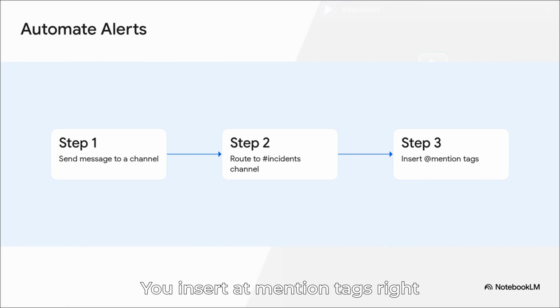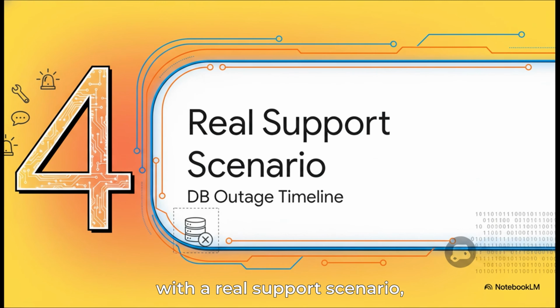You insert @mention tags right into your message template based on those severity variables. So say your form registers a critical severity 1 issue. You can configure it to dynamically tag your on-call engineer, or your whole incident response group so their devices just buzz instantly. The right people are pulled in automatically without anyone having to scramble to look up who is currently on rotation.